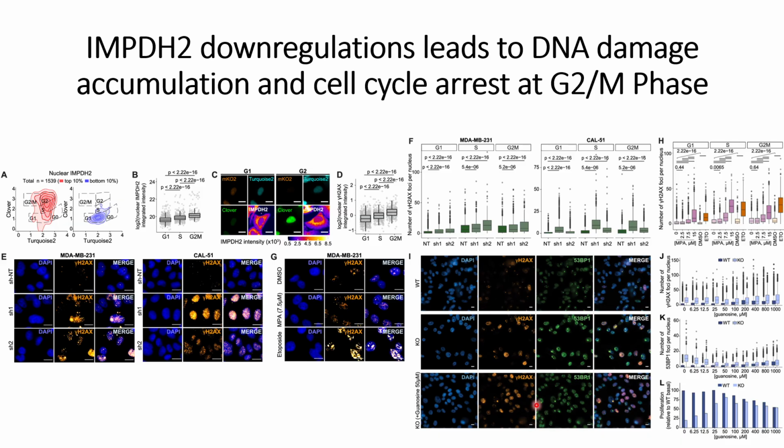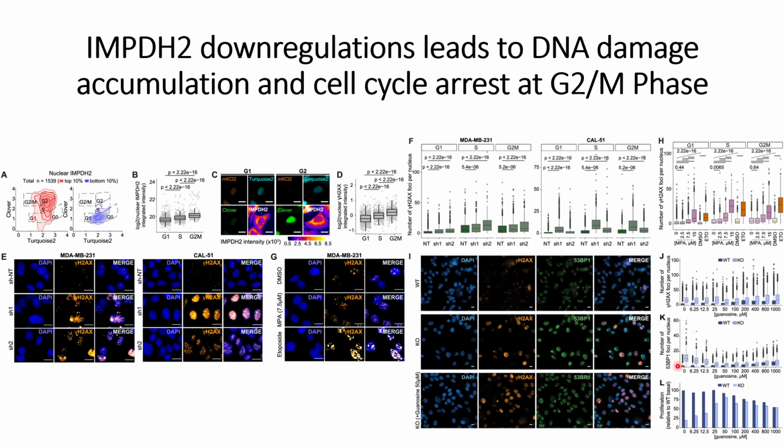And from the immunostaining figures, it is not clear, but when they quantified, they are able to see that there is some decrease in the DNA damage in the knockout. However, it has a negative role on the wild type because of the imbalance of the guanosine in the nucleus.